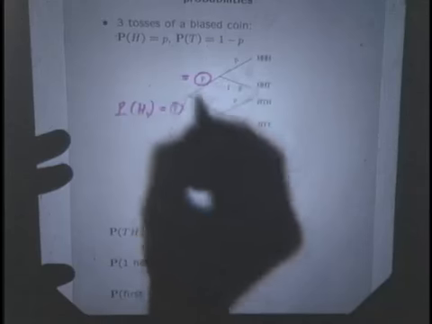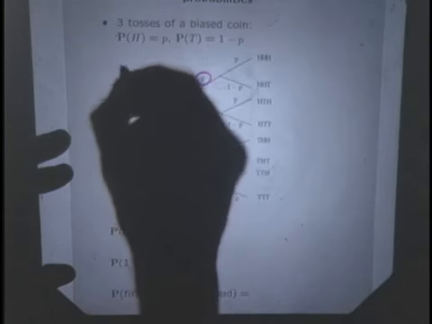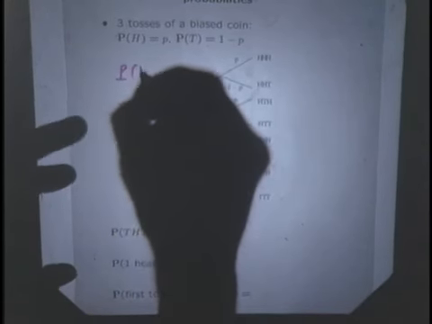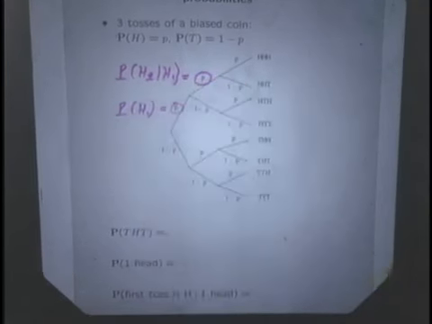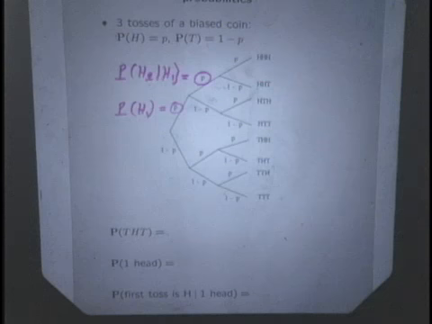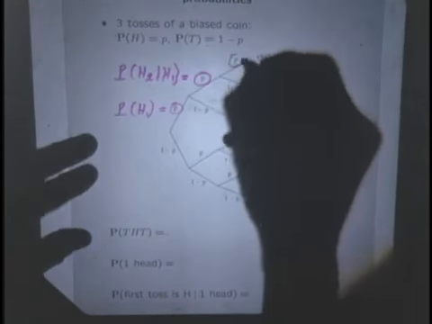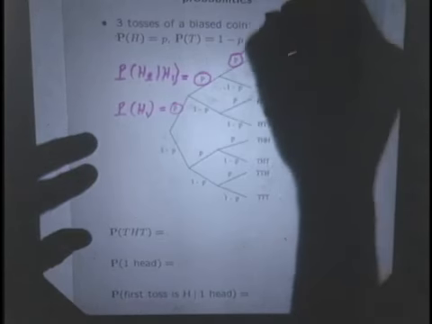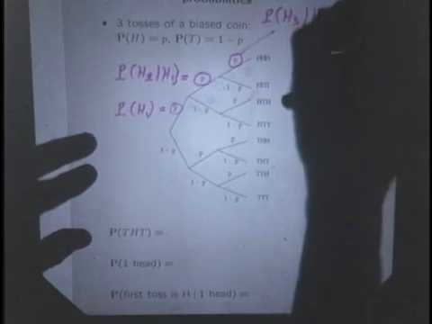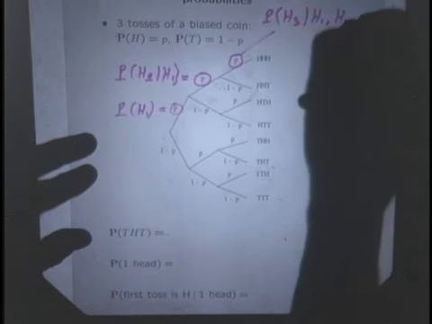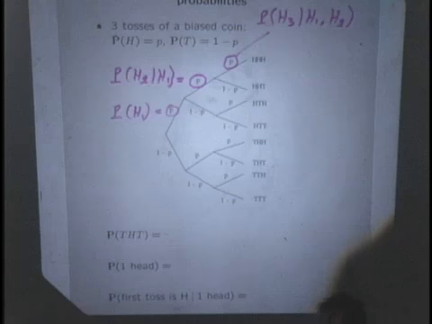Well, it's a conditional one. It's the conditional probability that the second toss resulted in heads, given that the first one resulted in heads. And similarly, this label here corresponds to the probability that the third toss resulted in heads, given that the first one and the second one resulted in heads.